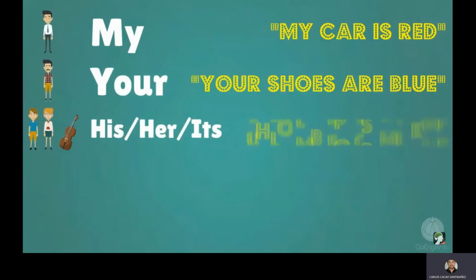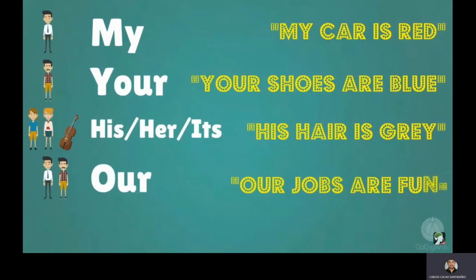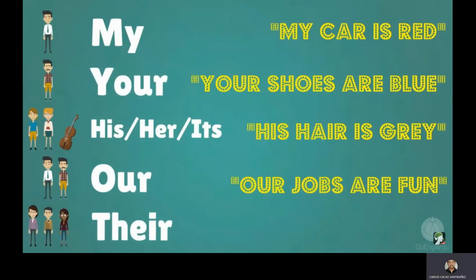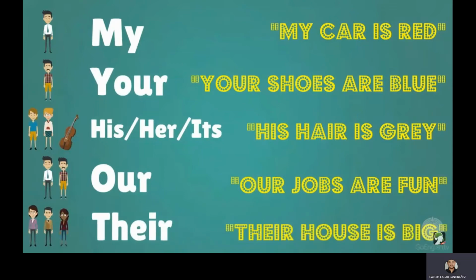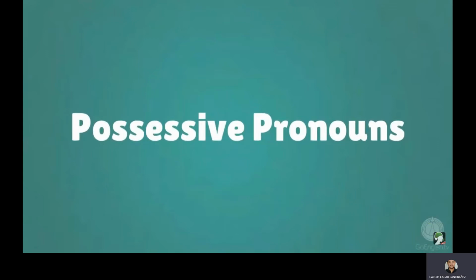His hair is gray. Our jobs are fun. Their house is big. So if you see, the possessive adjectives are next to a noun. They're always next to a noun.